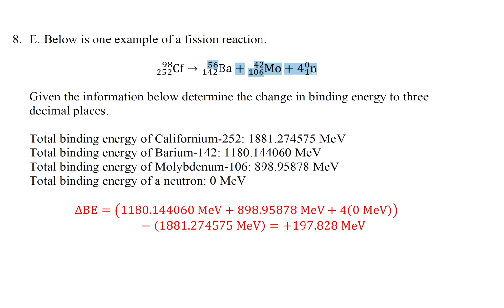It's the total binding energy of barium plus molybdenum plus a neutron. That's these 3 here. And it's given to us here. Minus the total binding energy of californium, which is here. So we have products on the left, reactants on the right, I think. Okay.